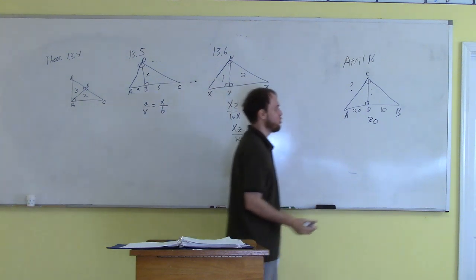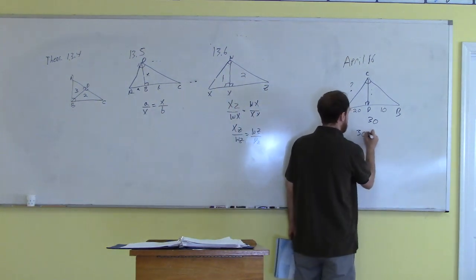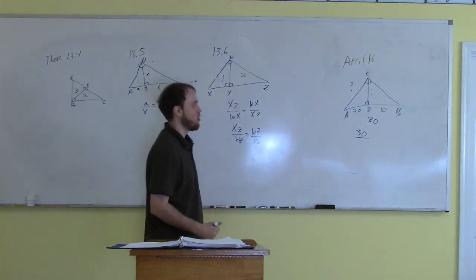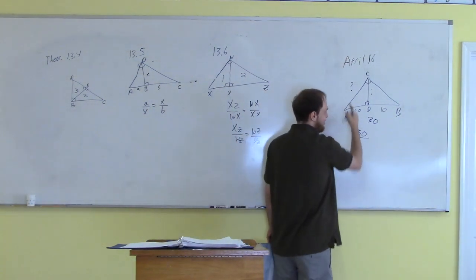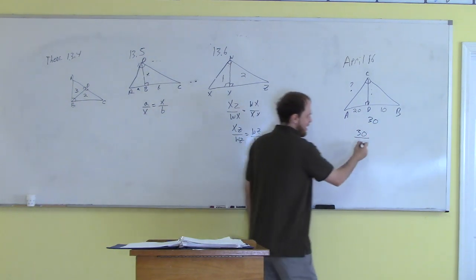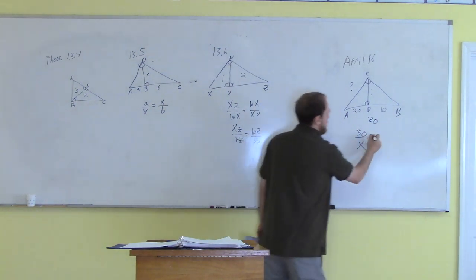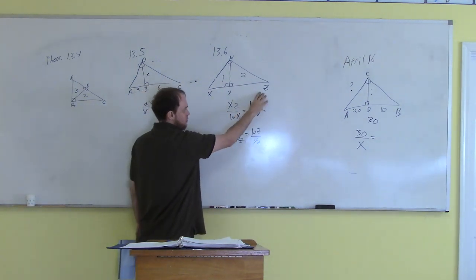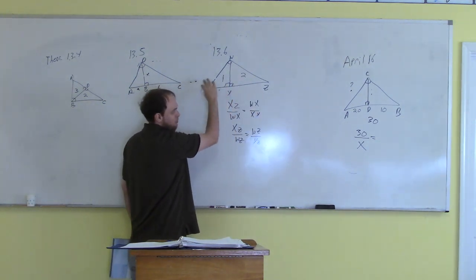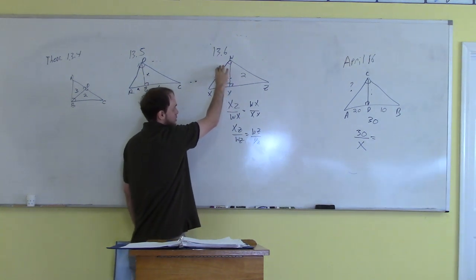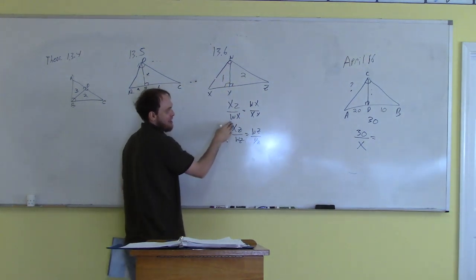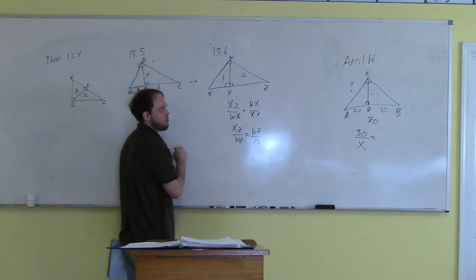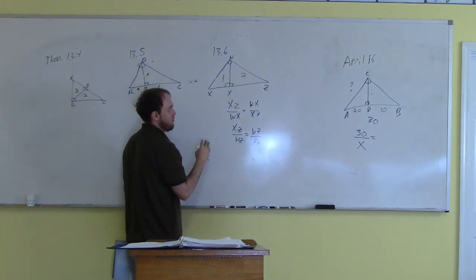And then I want to find 30 over the hypotenuse for the small one. The whole point here is I don't know what that is, and so it's 30 over X equals, and then remember what we did. It was the big hypotenuse over the hypotenuse of the smaller one, and then it was the leg of the big one over the leg of the smaller one.